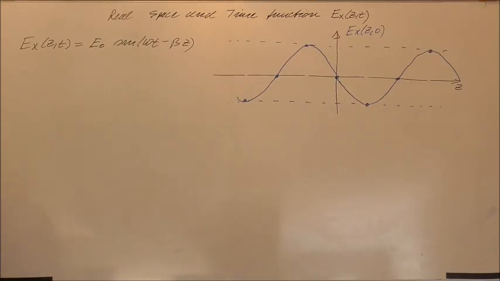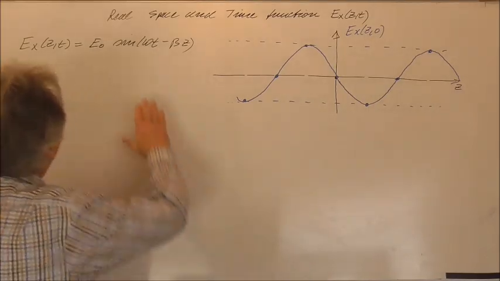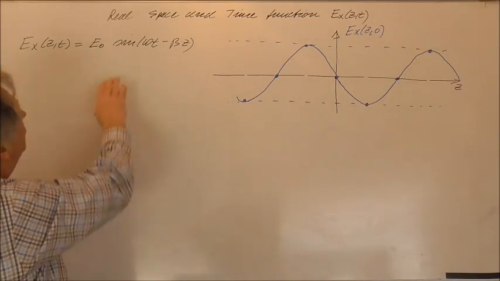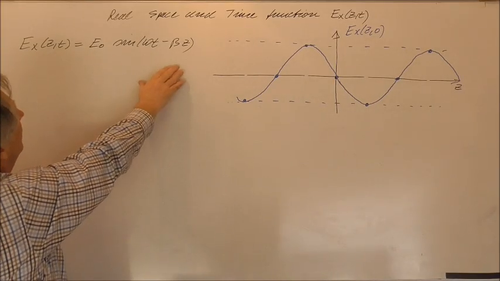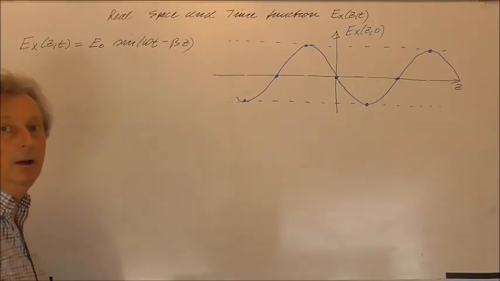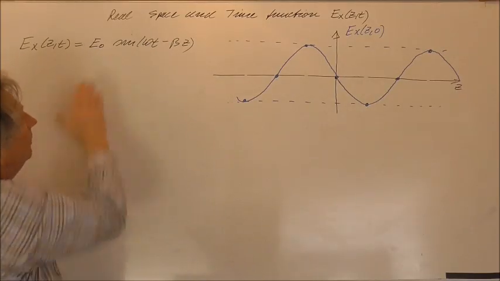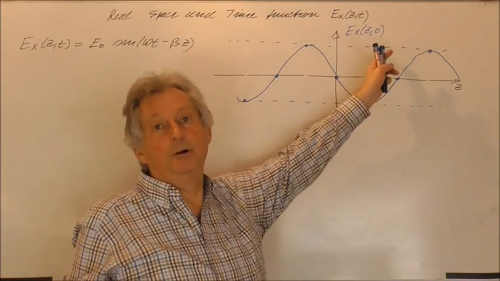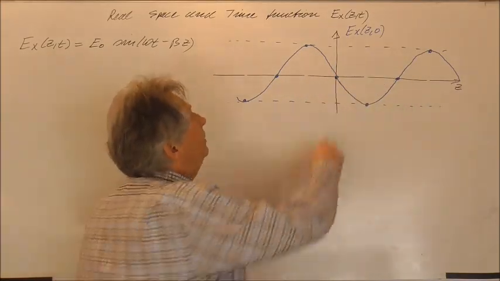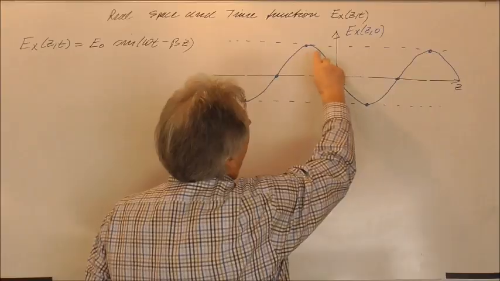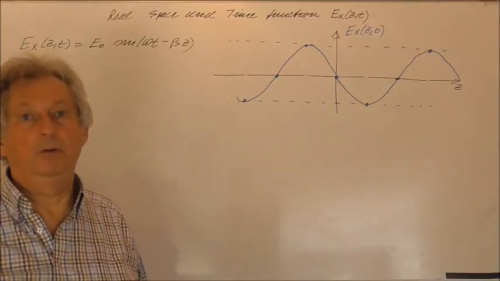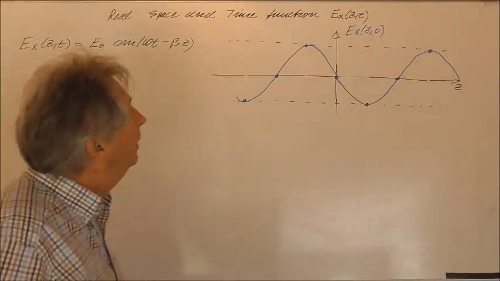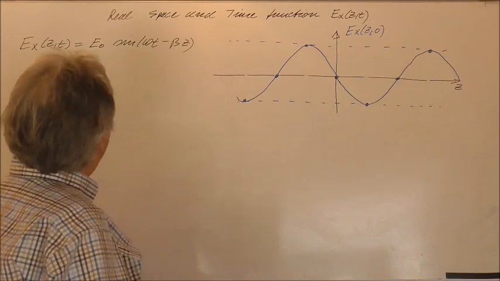What we found up to now was that if I switch to the real space and time function, our solution is described by this function. And what we did is we sketched this function for a certain time instant, t equal to 0, and then we found that along the z coordinate we have a sinusoidal field distribution.